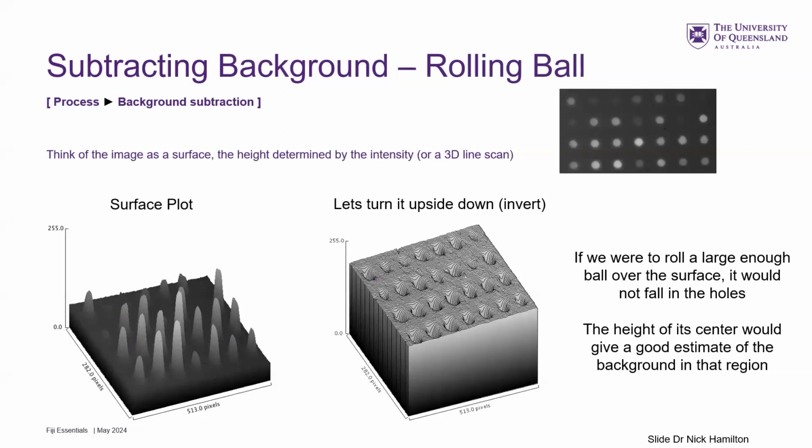But if we inverted the image, then they would be like these holes, right? And so the top flat bit here, which isn't flat, it slants down, is your background. And so if we were to get a ball and roll it across the surface, hence where the name rolling ball comes from, we can measure the change in background. And so we just have to make the ball big enough that it doesn't fall in the hole, right?